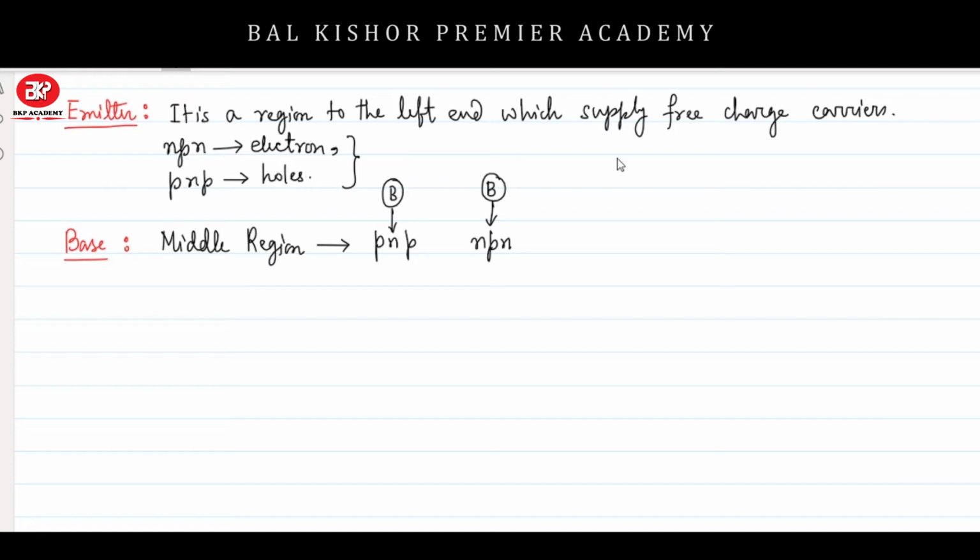The majority carriers from the emitter region are injected into this region, and this region is very thin, the thinnest region we can say. So let us go for the collector.